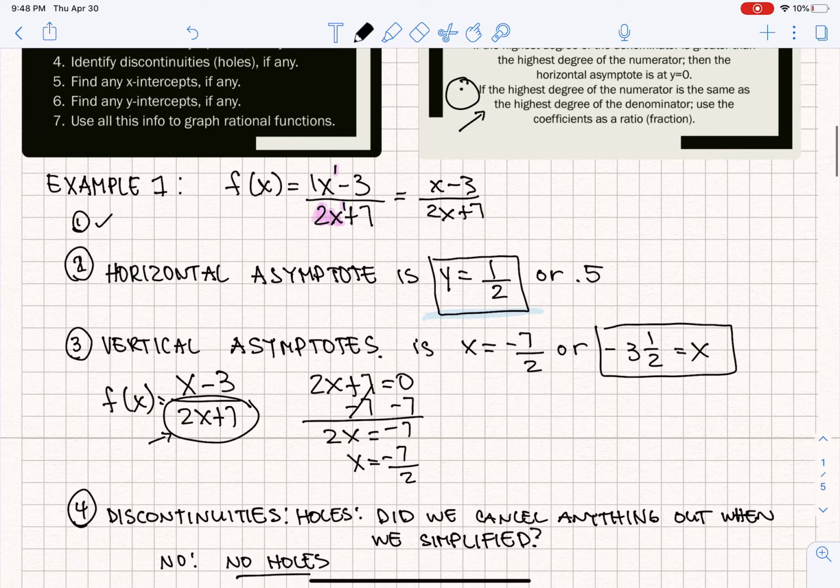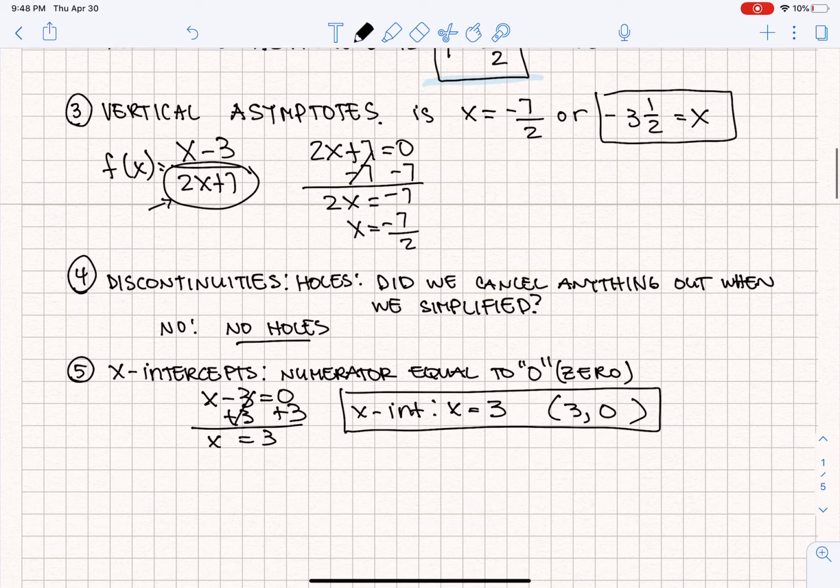So now we have to find any of our y-intercepts. Now for our y-intercepts, what we do is we plug x equals 0 into our function.